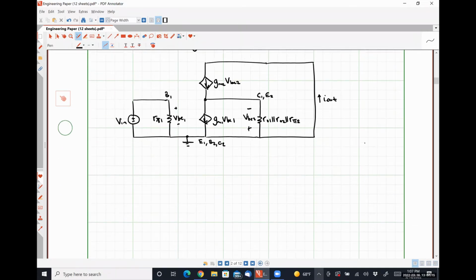All right, so time for math, unfortunately. If we apply Kirchhoff's current law at our node C1, E2, we can see that I out, which is simply GM2 VBE2, is GM1 VBE1 minus VBE2 divided by R01 in parallel with R02 in parallel with R pi 2.